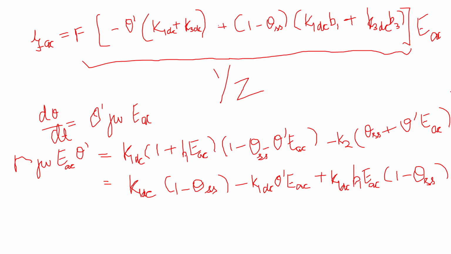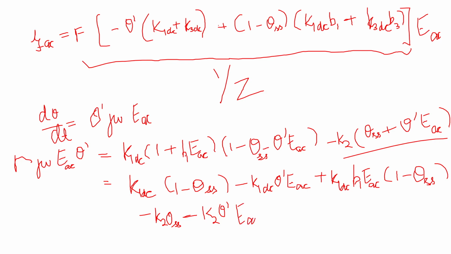Now in the next one, if I open the brackets for this one, it will be nothing but minus K2 theta ss minus K2 theta dash EAC.